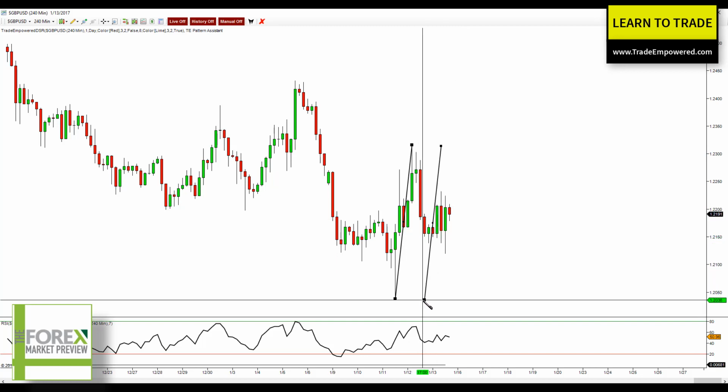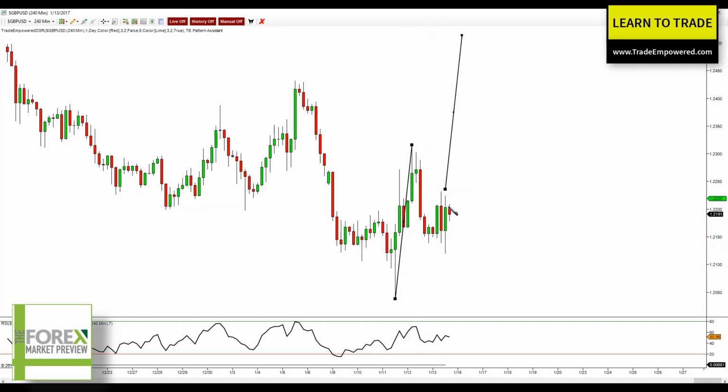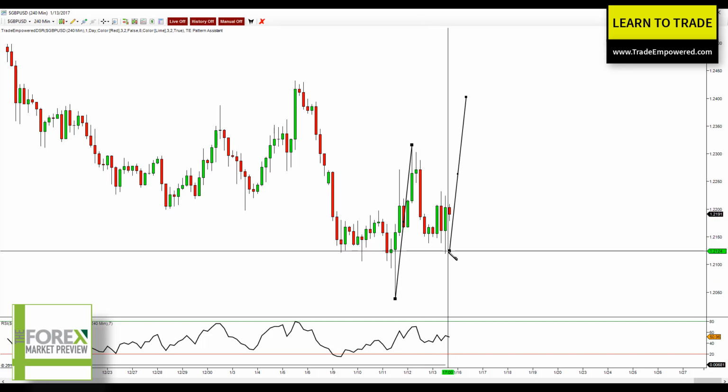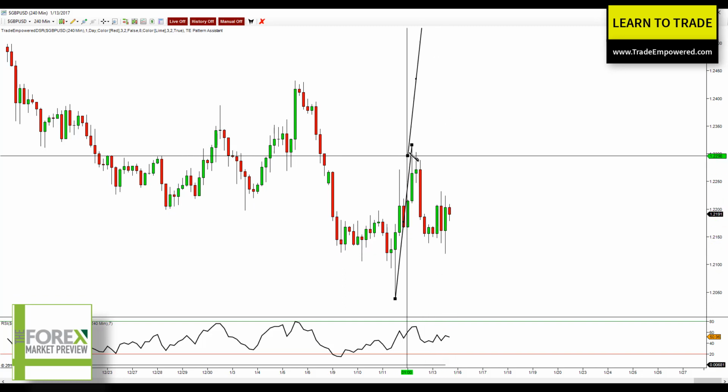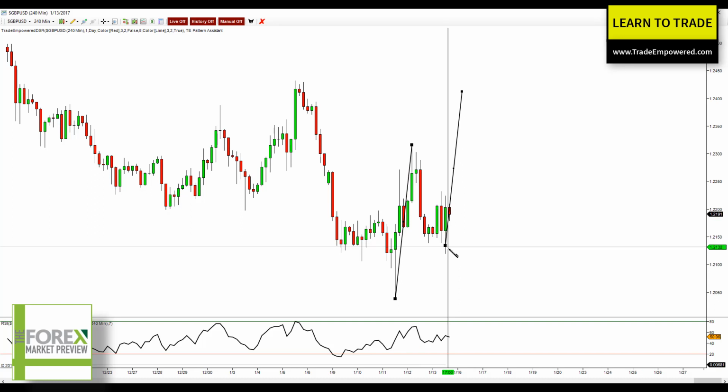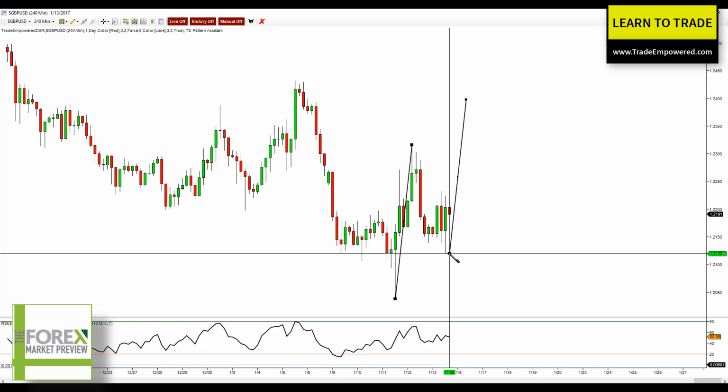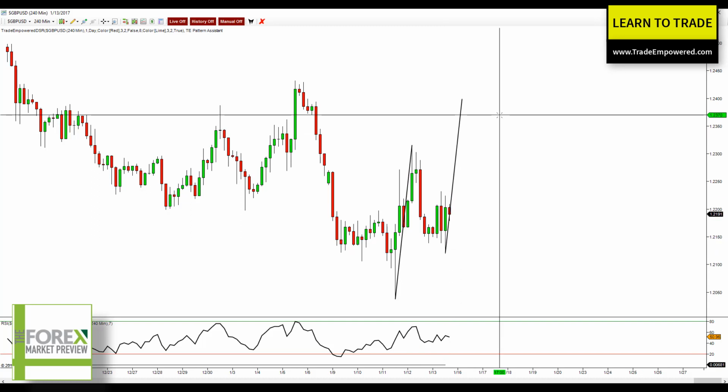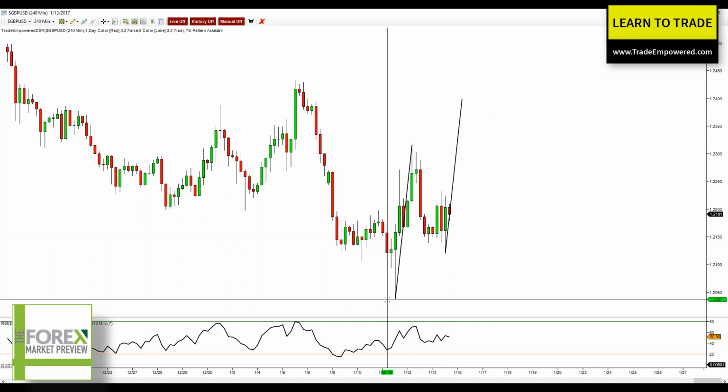Now, again, this is used to draw channels. I use it for equal measured moves or ABCD patterns like this. So I'm going to attach this second leg to our current outside return right here. And that's going to predict, if price action continues higher, an equal measured move of the first leg.